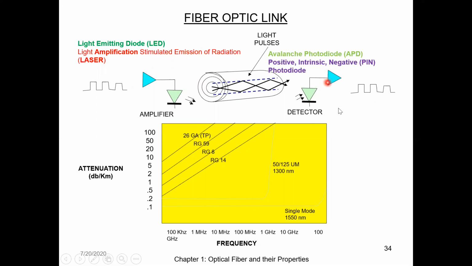Where there is an optical detector block, you write down the names of the detectors, that is APD, called avalanche photodiode, and PIN photodiode, that is positive, intrinsic, negative photodiode.